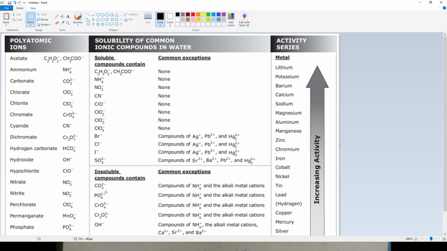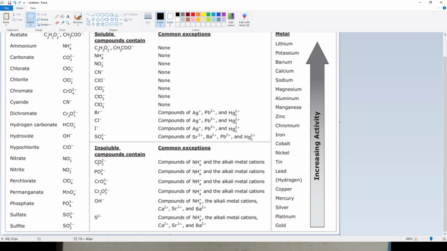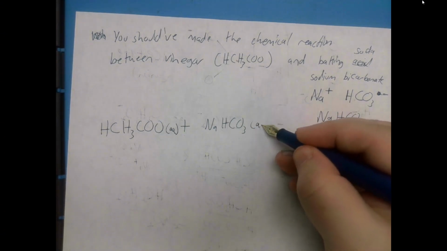So it says, even though it doesn't say hydrogen, the bi portion of it doesn't really change its solubility or anything. But it says the exception is with an alkali metal. Is sodium an alkali metal? So it's a carbonate, you can ignore the additional hydrogen. It's carbonate with sodium. So sodium is an alkali metal, so that means an exception. That means it is soluble in water. So this would be aqueous.